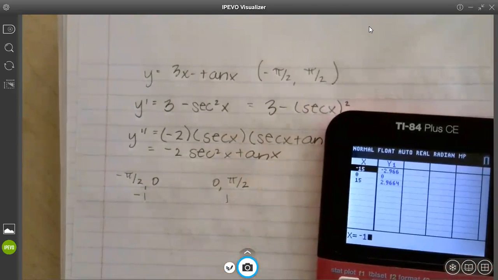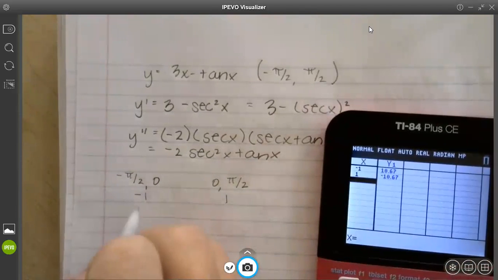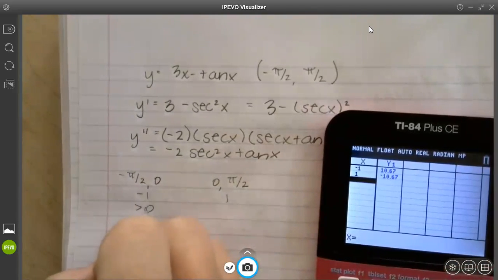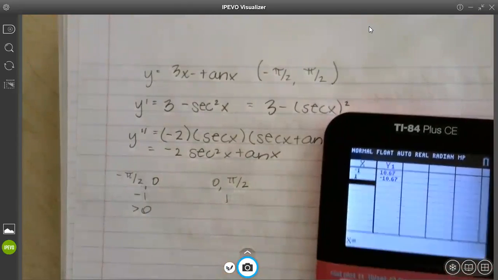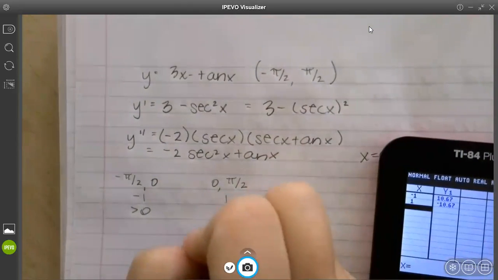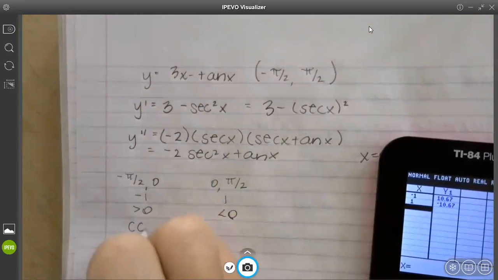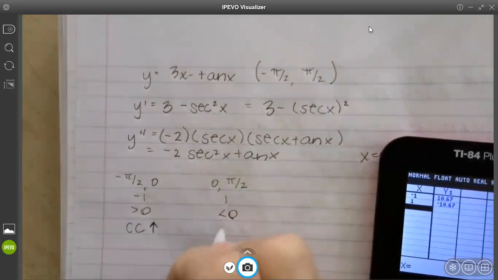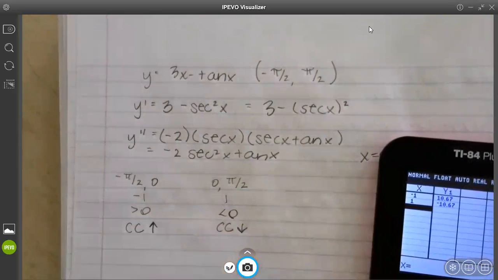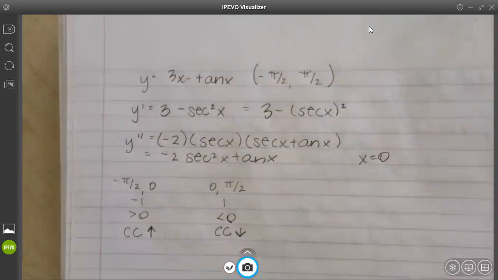So we want -1 and 1. So what's at -1? Positive, and at +1 is a negative. So that means from negative pi over 2 to 0, it is concave up, and the other one is concave down. So concave up, negative pi over 2 to 0, and down 0 to pi over 2 is going to be E.